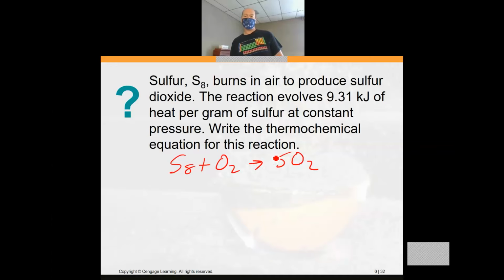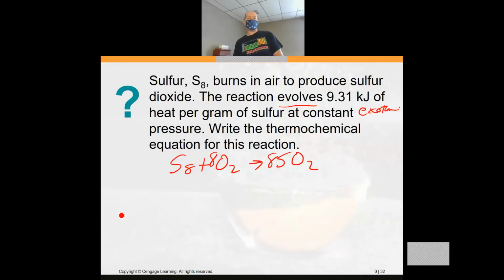To balance that, we need 8 of these and we need 8 of these. The reaction evolves, gives off, so this is exothermic. When you see the word evolves or releases, gives off, that is exothermic. Per gram of sulfur at constant pressure, write the thermochemical equation.